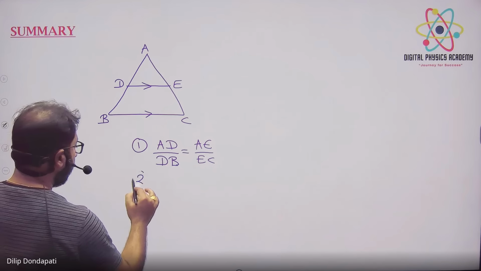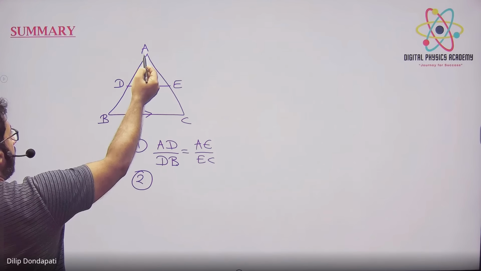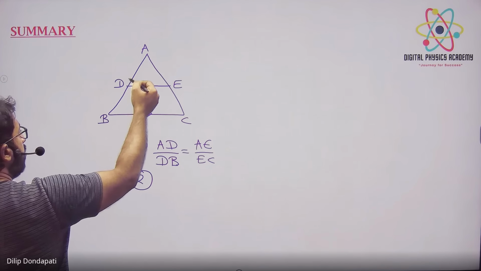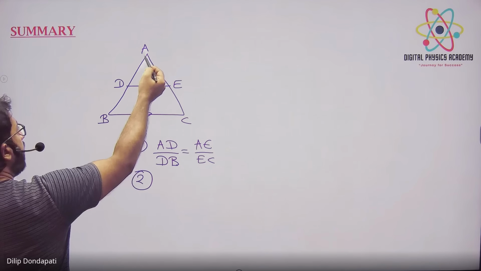Don't go again CE by EC नहीं जाने का. You're coming from top से, same top से इधर आने का. Okay. Second one क्या था? I can write like this. AD by AB. AD by AB. मतलब छोटा by बड़ा. इस तरफ भी सेम जाने का. AE by बड़ा वाला AC.